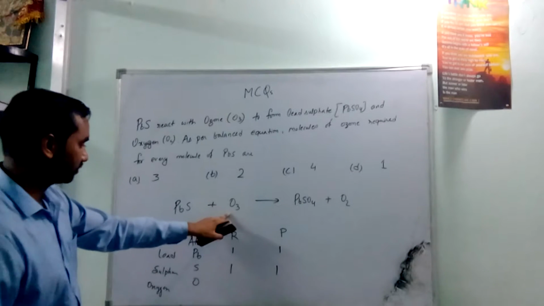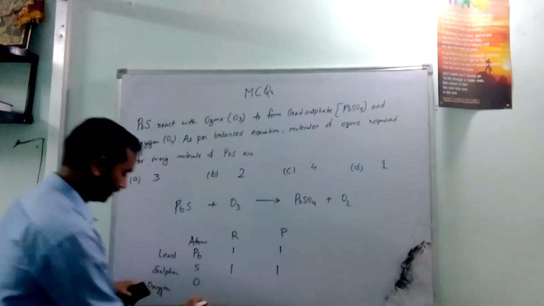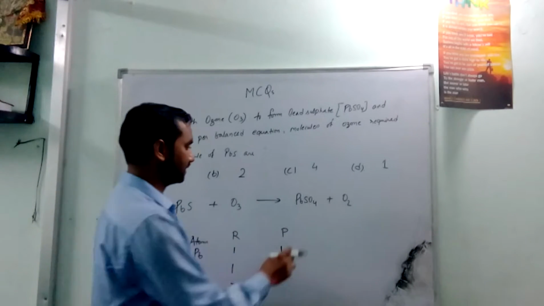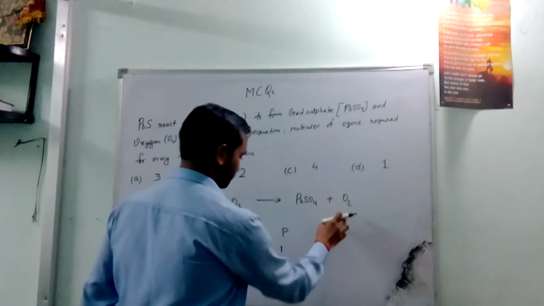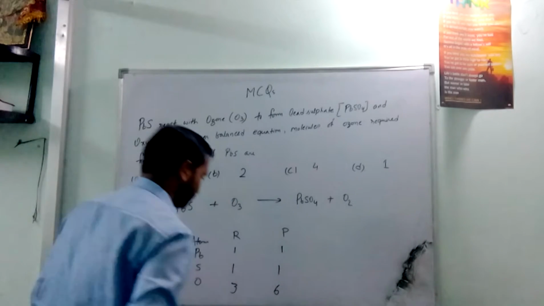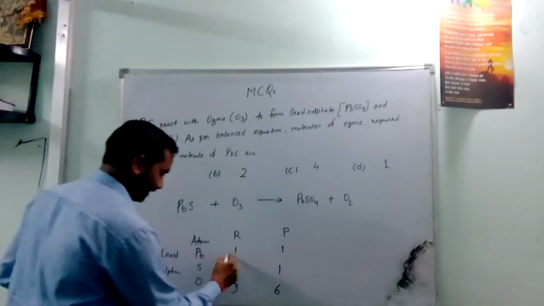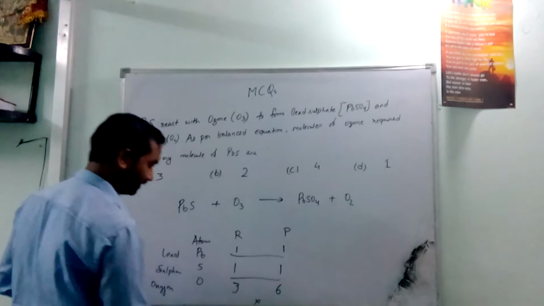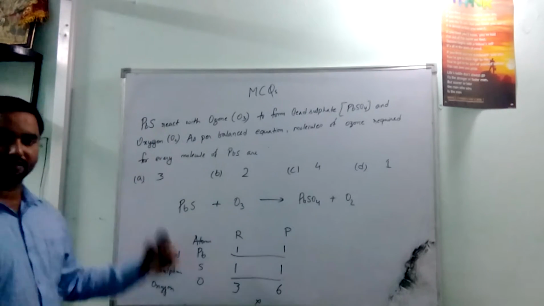Now how many oxygen in the reactant? O3, so it is 3. And how many oxygen in the product? 4 plus 2, that is 6. So we can see that lead and sulfur are balanced, but oxygen is not balanced. So this is not a balanced equation.